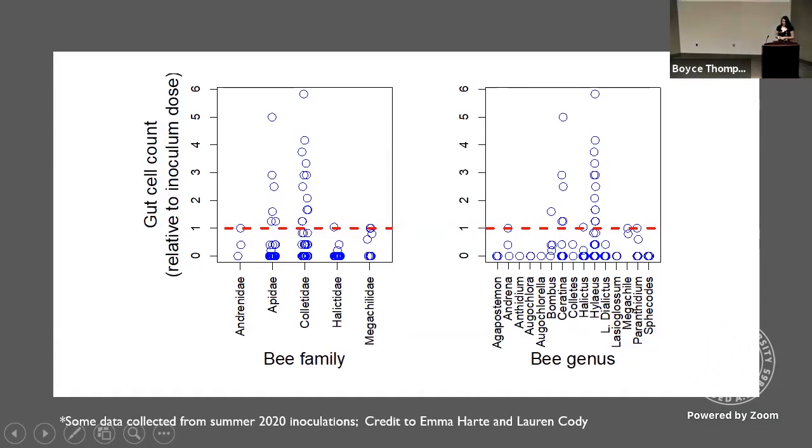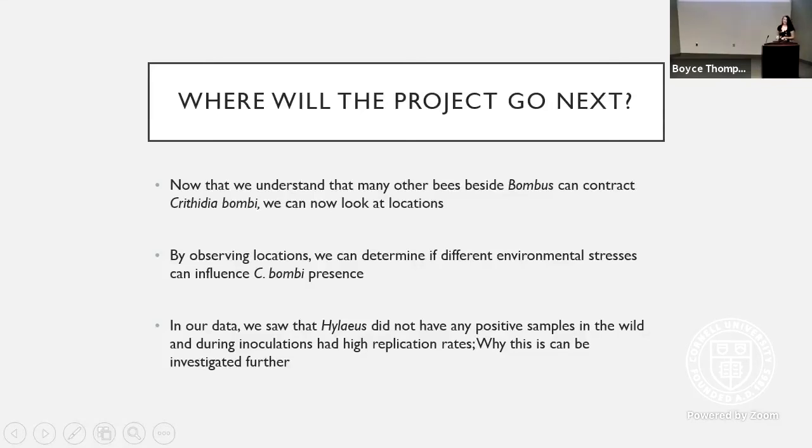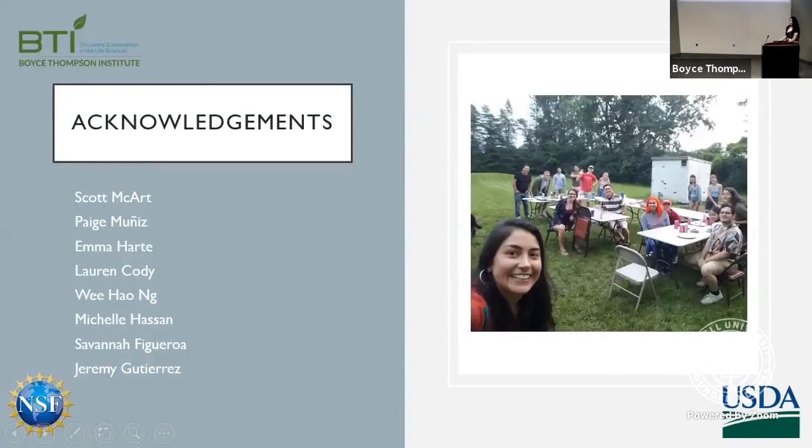So a future question for this is, why is this? Is there a reason why Hylaeus didn't have any in the wild, at least in the sites that we investigated? And maybe there's some pathways, like, do they puke when they go to their nest, like supply food for their young?